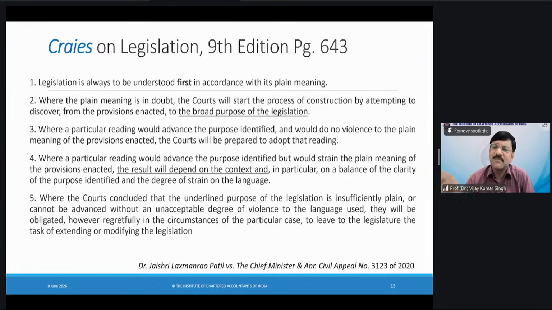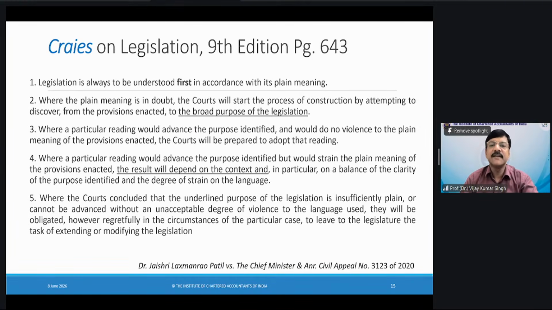You don't require any primary, secondary, or internal or external aid of construction. You have to just first read the provisions. Whatever provision of law is there, you read it in simple language. And if it is making sense, you stop there and apply the law. There is no need for you to search for more meanings into it.